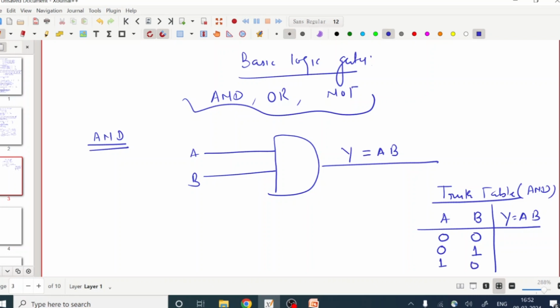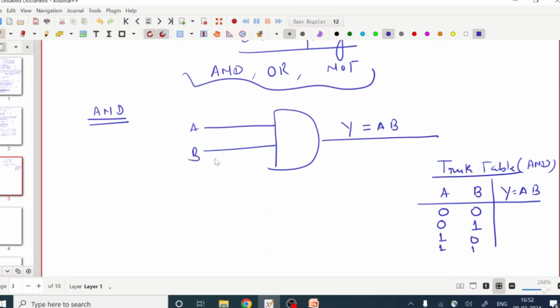The next is both 1, 1. So there are 4 possible input combinations: A 0 and B 0, or A 0 and B 1, or A 1 and B 0, or both inputs are 1, 1, meaning both inputs are high. 0 represents low and 1 represents high.